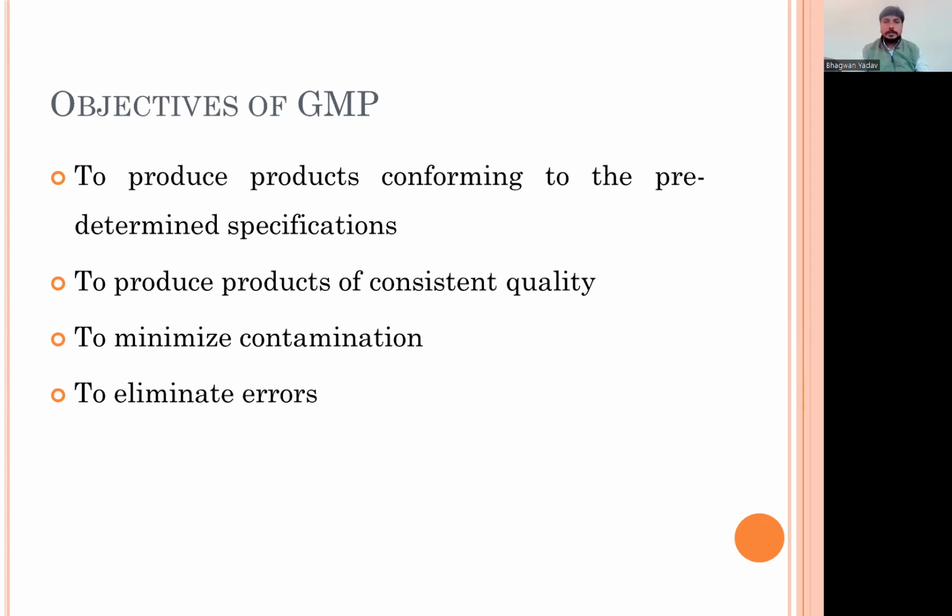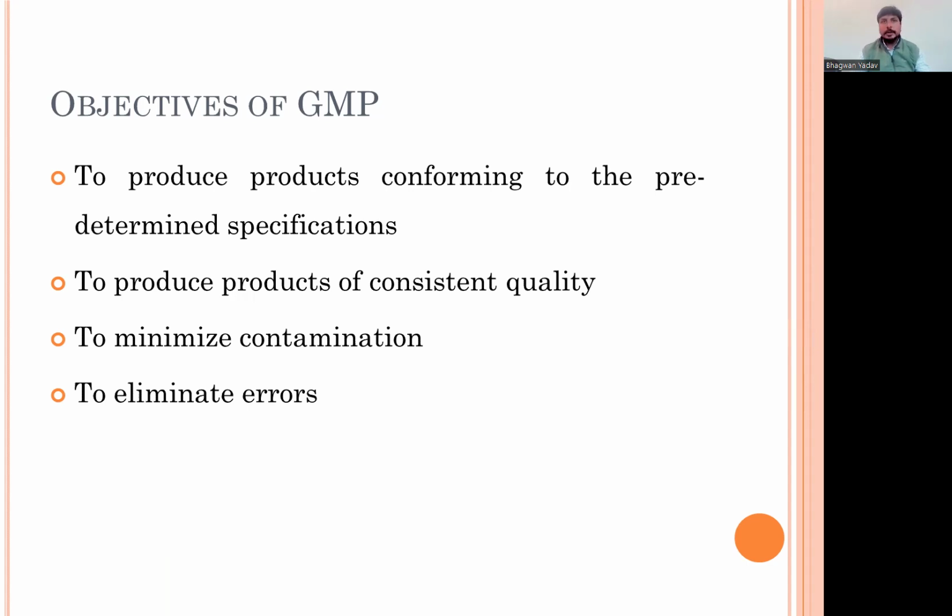Objectives of GMP. Some objectives: why we are using GMP, and if we are using GMP, what will be the objectives? First, to produce product conforming to the predetermined specification. A pharmaceutical has a set of pre-approved specifications, predetermined data, so every time we have to confirm the data if we are producing a batch.